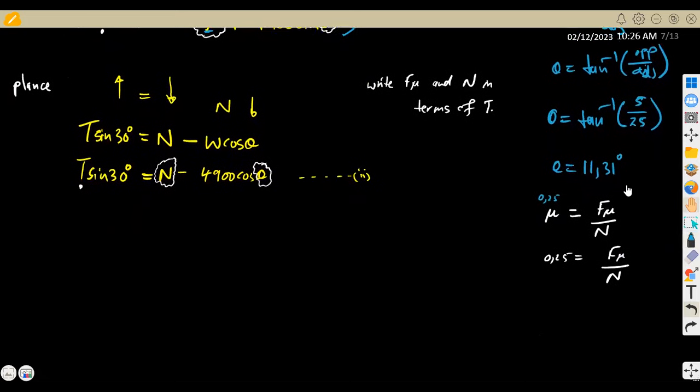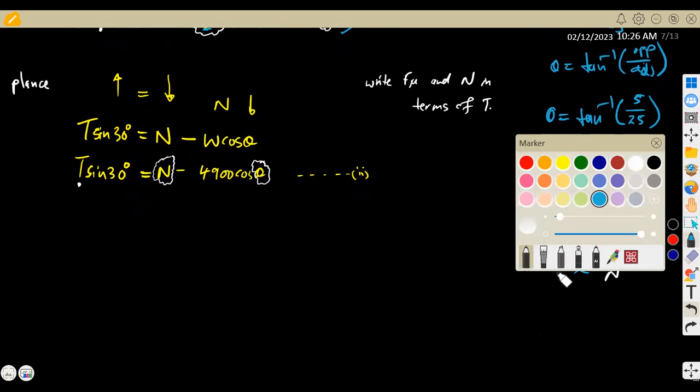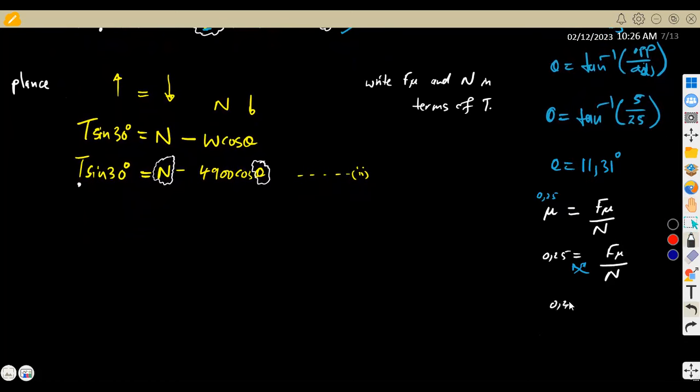Okay, we said let's make N the subject. So you're going to cross multiply. That is 0.25 N is equal to the frictional force over 1. Divide by 0.25, so N is equal to 1 divided by 0.25, which gives you 4.